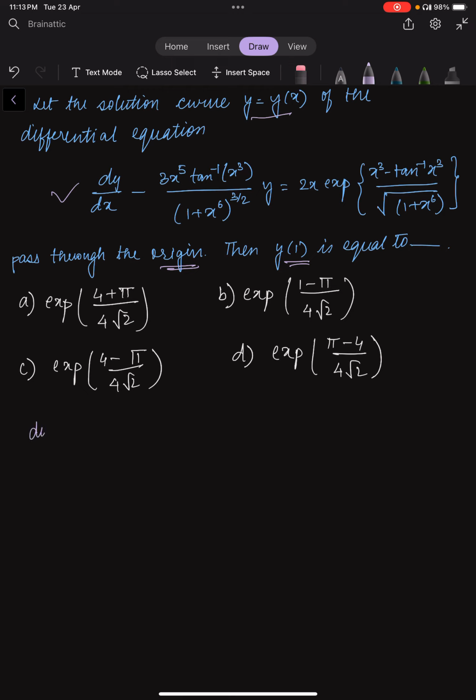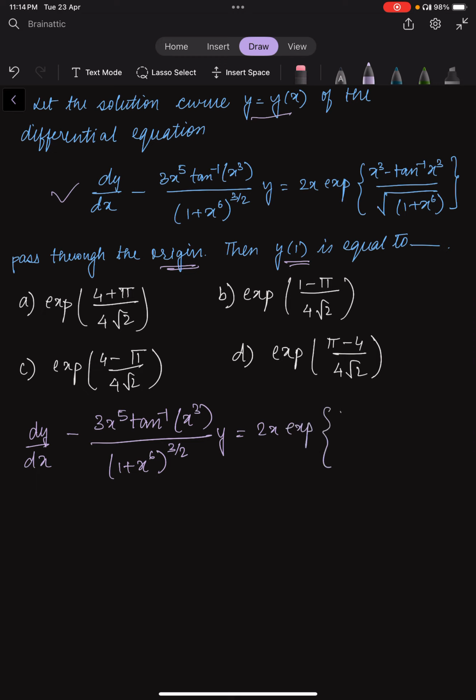So we have the differential equation as dy/dx minus 3x power 5 tan inverse x cube over (1 plus x power 6) power 3 by 2, times y, is equal to 2x exponential, and in the numerator we have x cubed minus tan inverse x cube, divided by root under 1 plus x power 6.